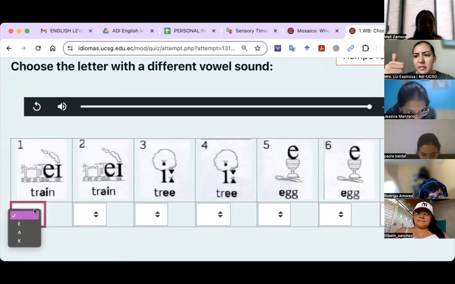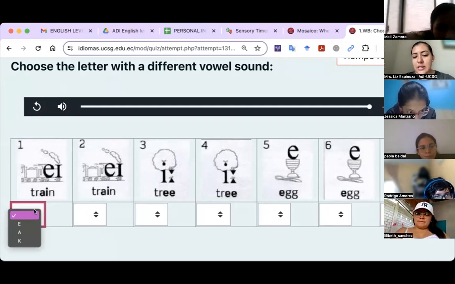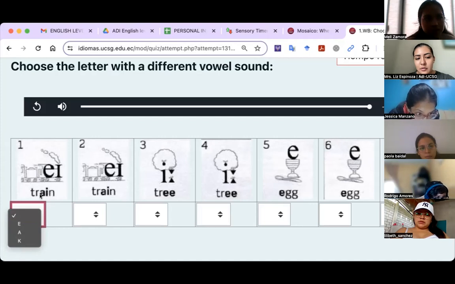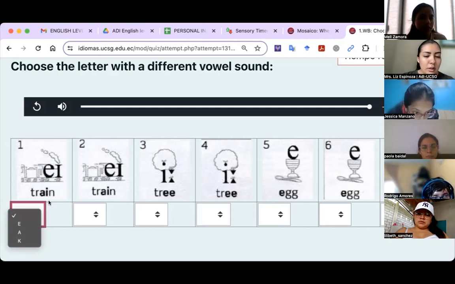Letter A sounds similar. K, train, similar. Train, letter E, which one is different? E, A, or K? Remember, A, tray is the sound. Which one do you think is the different one in this case?